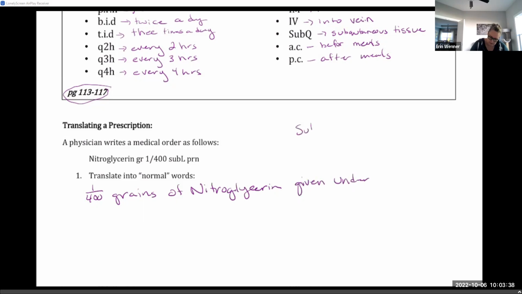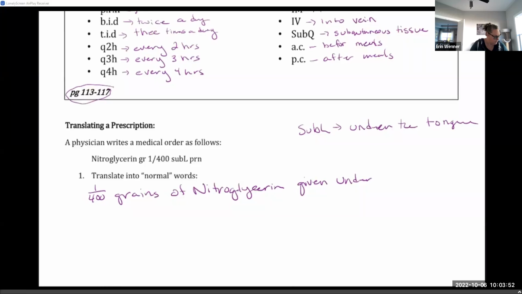So again, SUBL means under the tongue. And then the PRN means as needed. If I remember, nitroglycerin is given for heart attacks, maybe? I don't remember. Again, I know how to interpret these. I don't necessarily know what the drugs are used for. So again, we're going to give 1/400 grains of nitroglycerin under the tongue as needed.